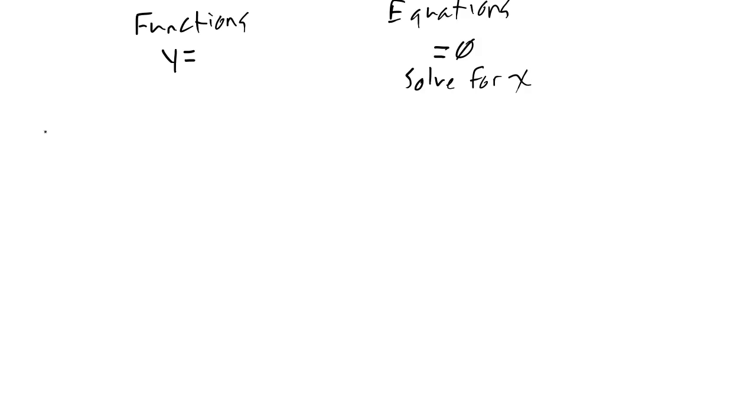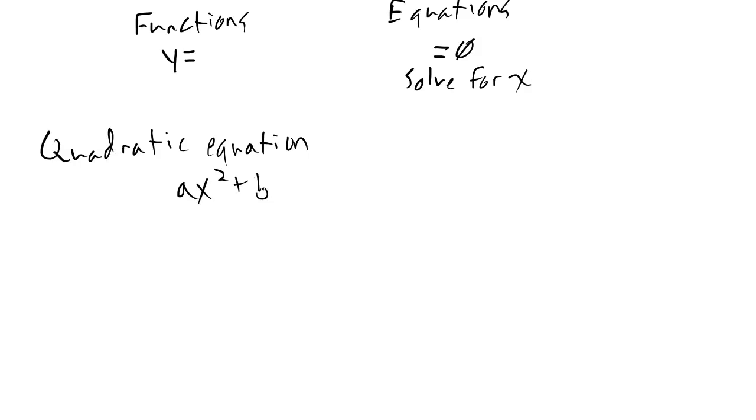So a quadratic equation, our standard form, is going to be ax squared plus bx plus c is equal to 0, right? And we're trying to figure out what values of x will make this true.